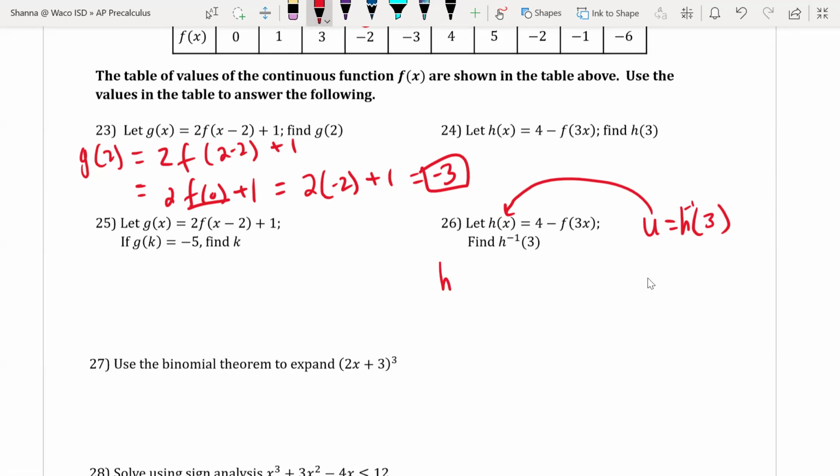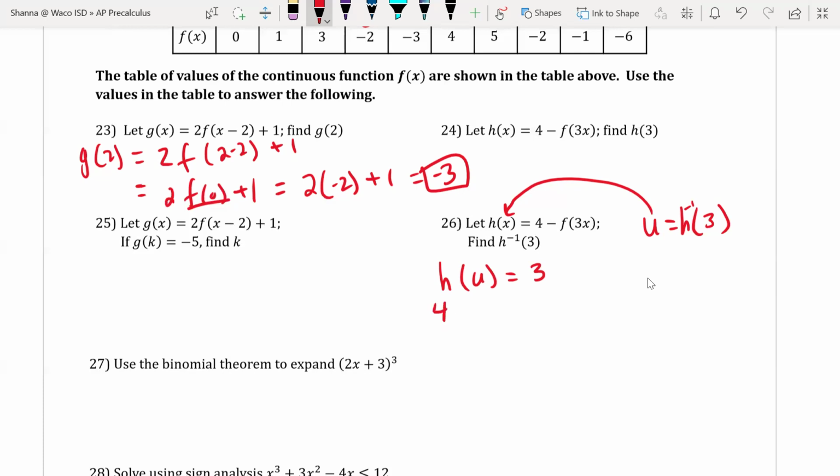I'm trying to think of what will be a fast way for you to remember on the test. So H of U would have to equal 3. In my brain, this is making sense, and we're going to play it out and see.